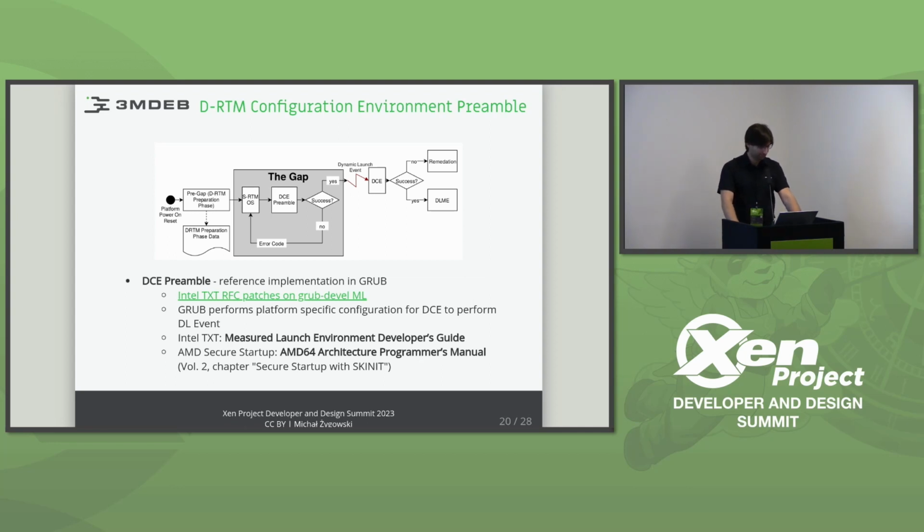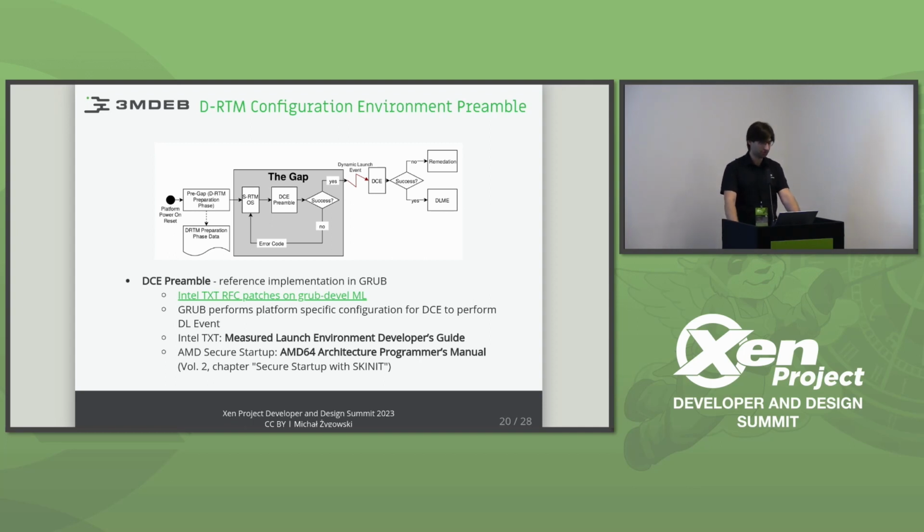So what GRUB actually does is everything that is described in the following specifications. In Intel TXT, it does what is specified in the Measured Launch Environment Developer's Guide, and for AMD it does what is described in the AMD64 Architecture Programmer's Manual.